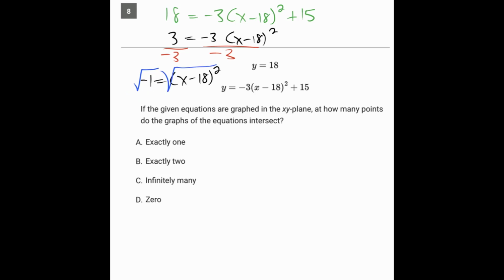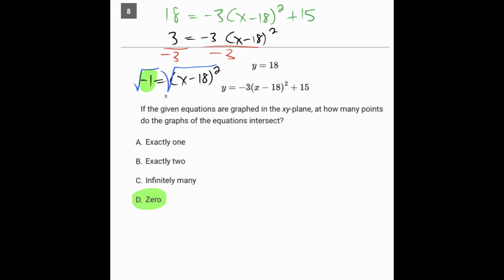And that's kind of a dead end because you can't have a square root of a negative number. It's forbidden in the world of math, unless you're dealing with i, the imaginary number, which we're not doing here. So we have a negative under a radical, which means there's no solution. And so we arrive at 0 solutions because there are 0 places where these lines would intersect.